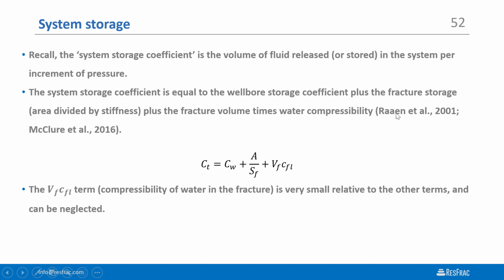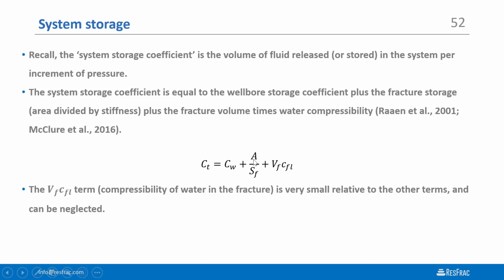There's a nice paper here looking at pump and flowback tests and discussing how this changing fracture compliance, I don't know how to pronounce this fellow's name, Rain or something, is affecting the flowback test. Same concept, we're just applying it to a pump-in shut-in test and putting it in the context of a G-function plot. This is the dominant term until the pressure has gotten way below SHmin.